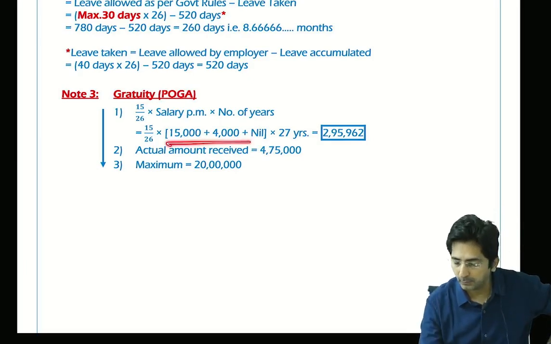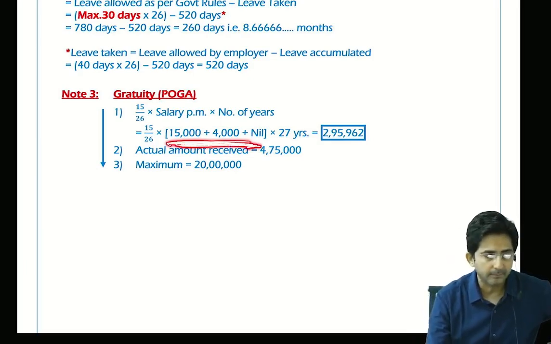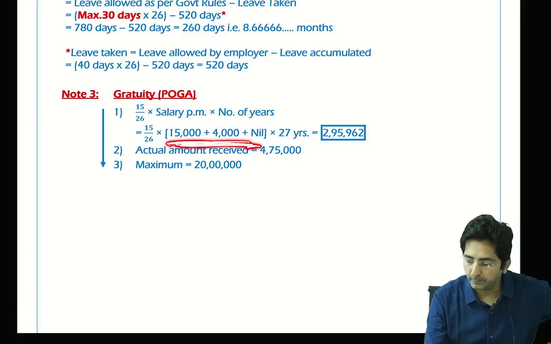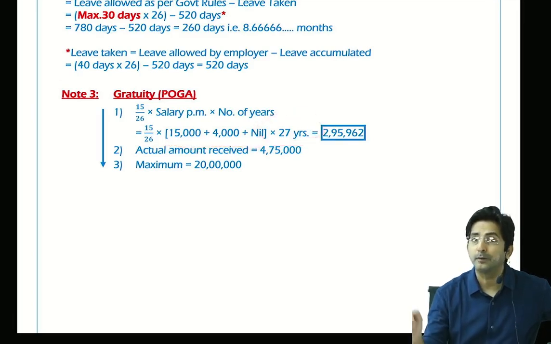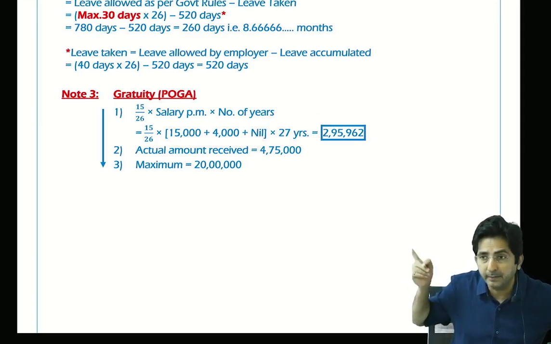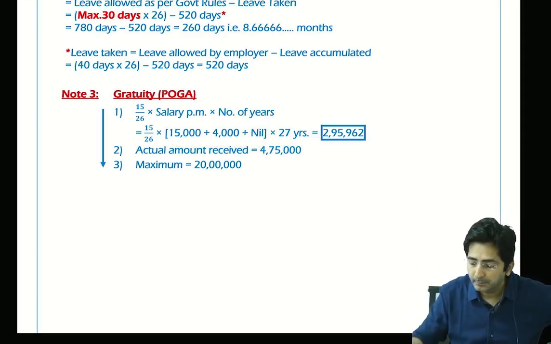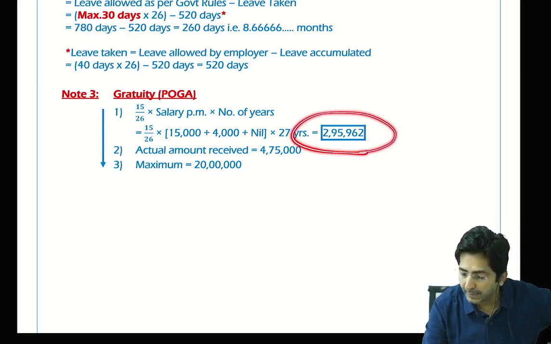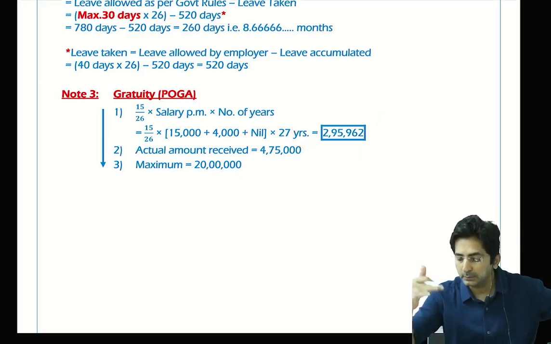So accordingly, see what the salary is: 19,000 into 15 by 26 and into service rounded off. Fraction was greater than 6 months, so 26 years is made 27 years. Then, are you getting all these answers or not? So 295,962. And out of the 3, which is less?